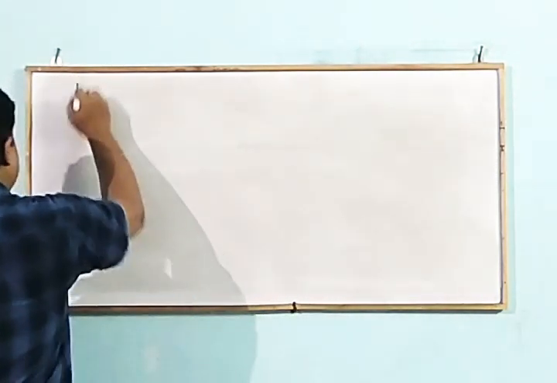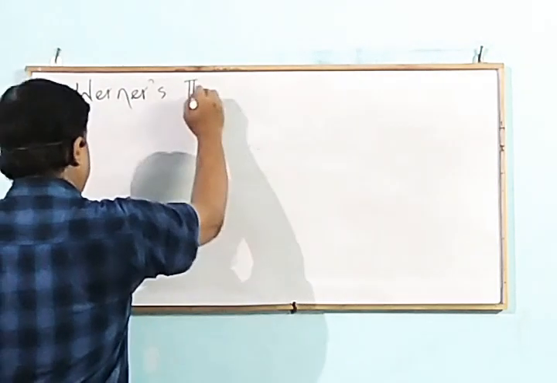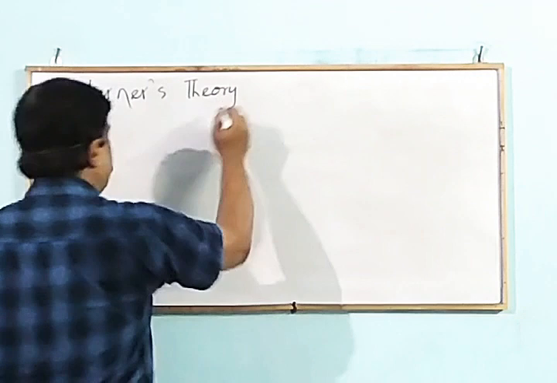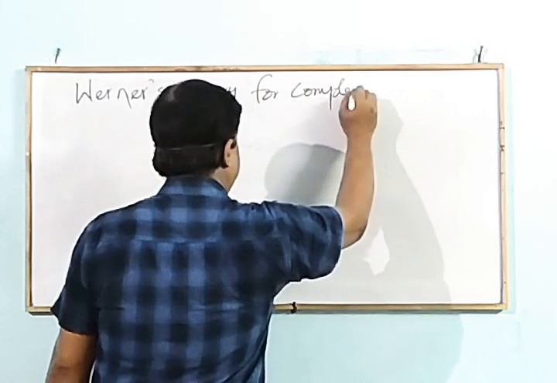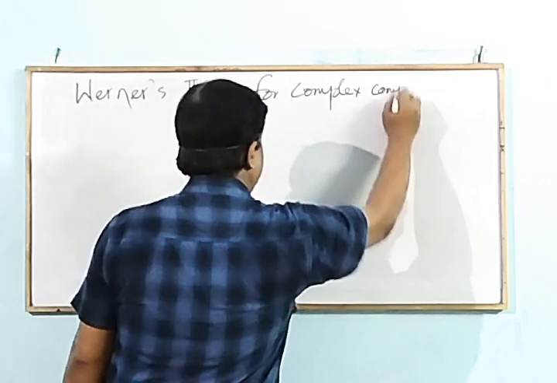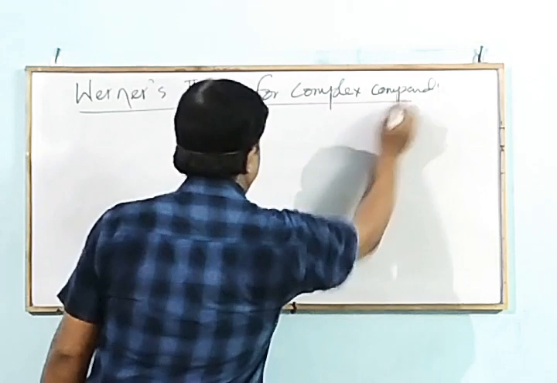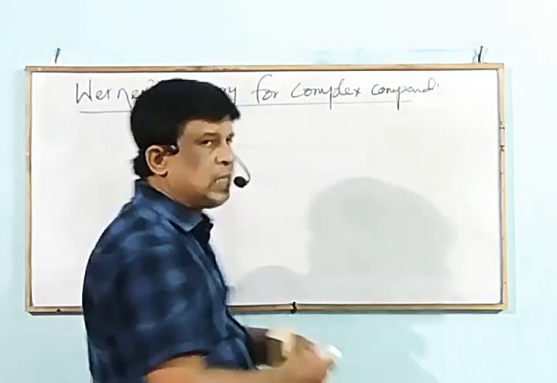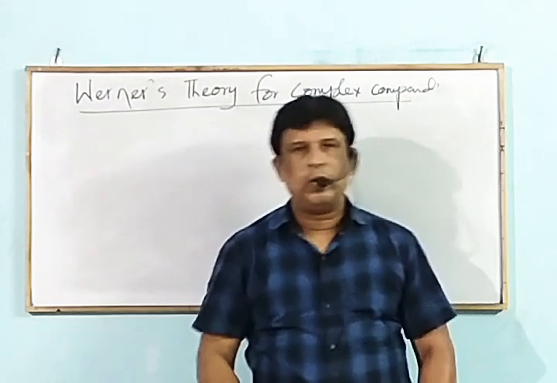Next we discuss Werner's coordination theory for complex compounds. There are 4 to 5 points, postulates under this theory. Let us discuss one by one.